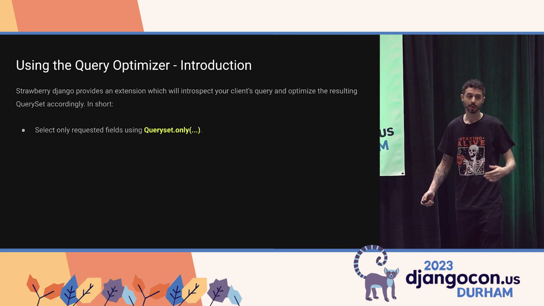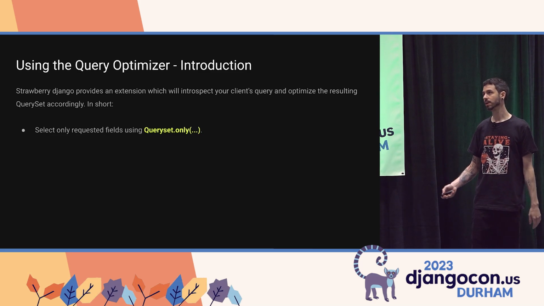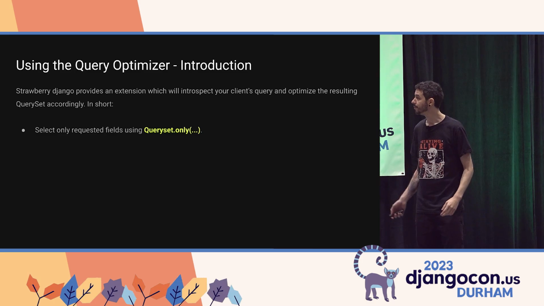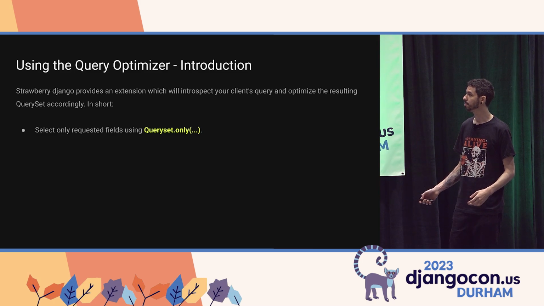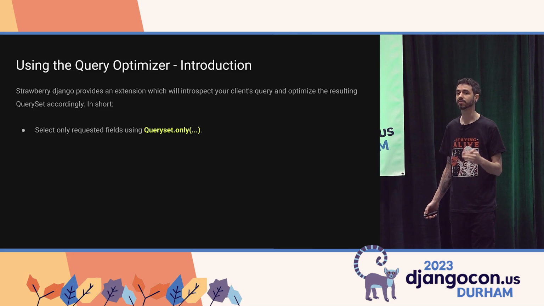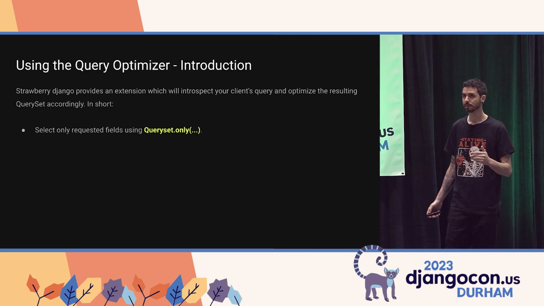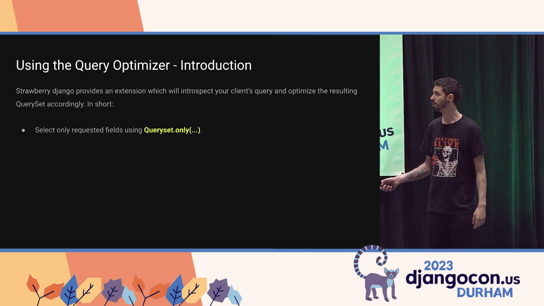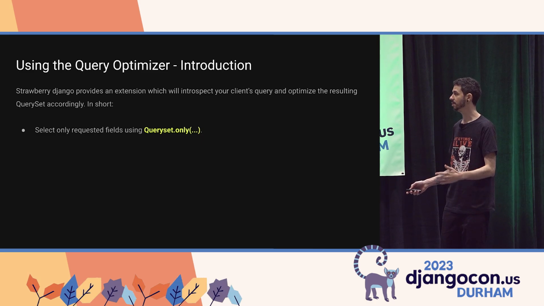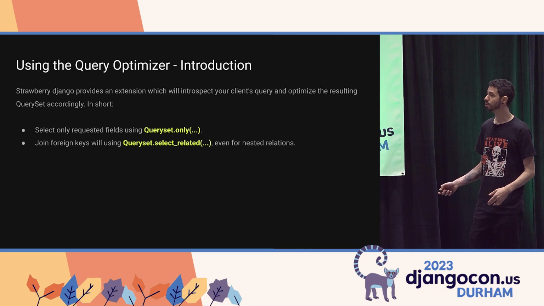So, for example, if my user has a list of 100 columns, it will call .only to only select what I am asking for. So I am only asking for first name, last name, and something else. It will only retrieve from the database the first name, the last name, and something else. It will join any relations using select_related.